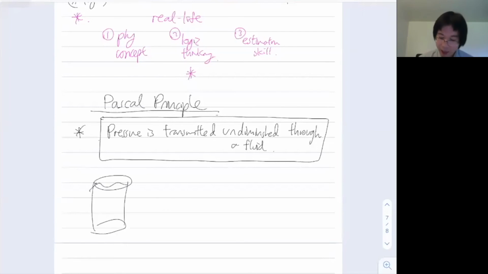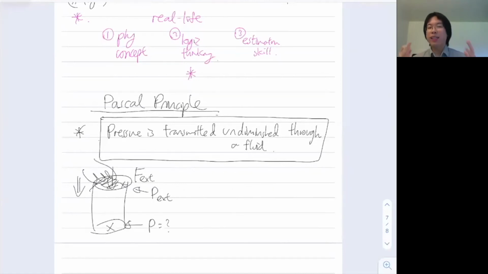If I have a can of liquid over here, and I put a lid on top and then push down with my hand, actually push down and exert some external force on it, so I'm actually applying some external pressure on it, what is the pressure over here? In simple English, the pressure at the bottom is equal to the pressure of the fluid directly above, which is what we already learned, plus the external pressure on top exerted over here.